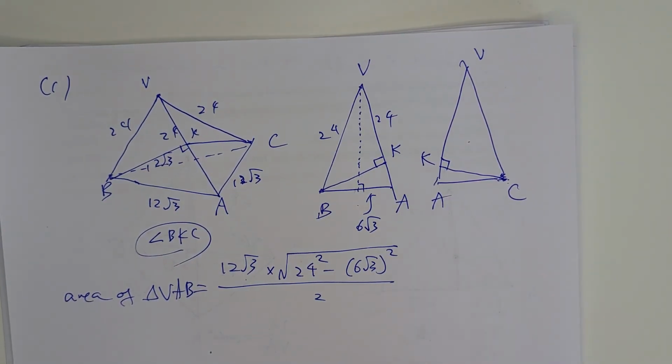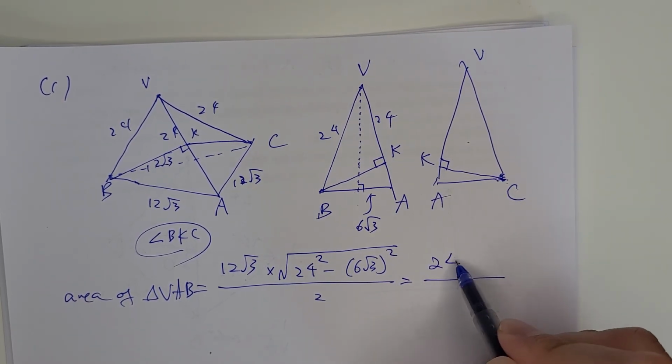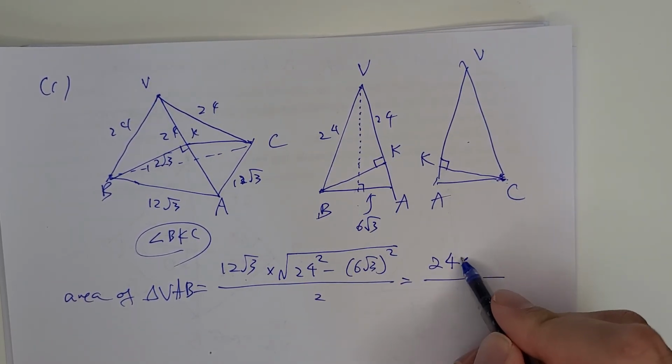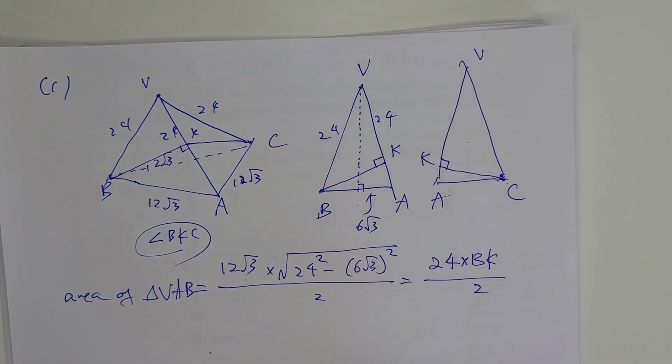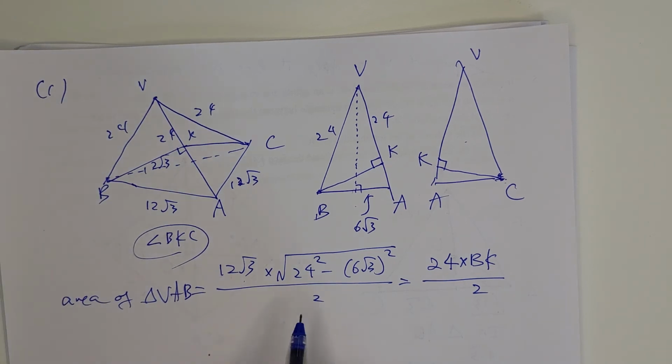But on the other hand, if you consider VA as the base, then you can multiply by BK and then over 2. It is also the area of triangle VAB. So you can see that these two values are the same, and hence we can simplify this.